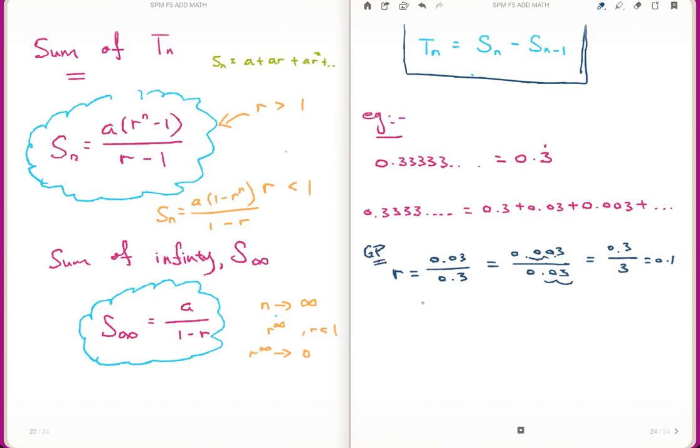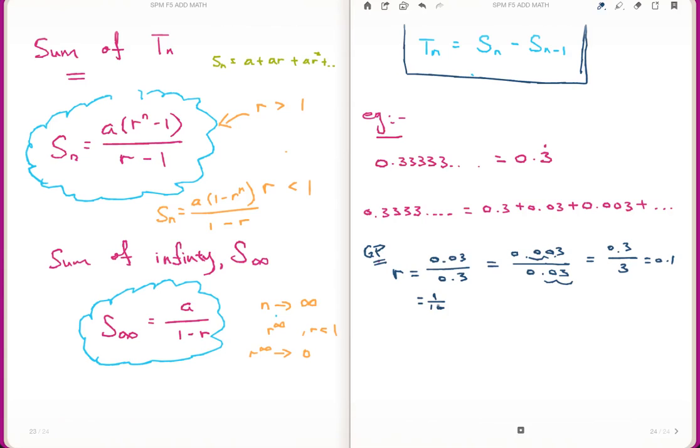Since they want it in fraction form, it's 1 over 10. So it's advisable to write the common ratio as a fraction because they ask for a fraction.